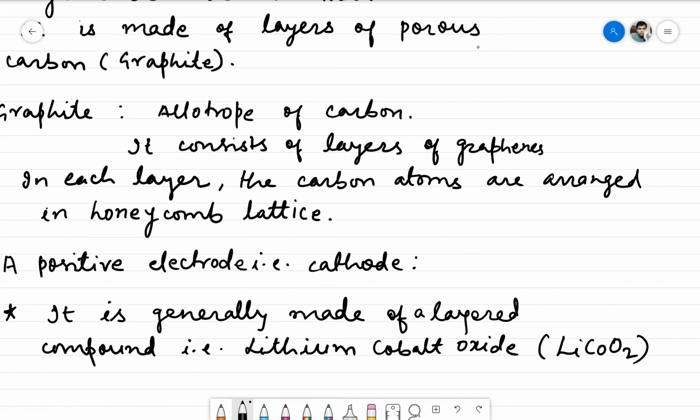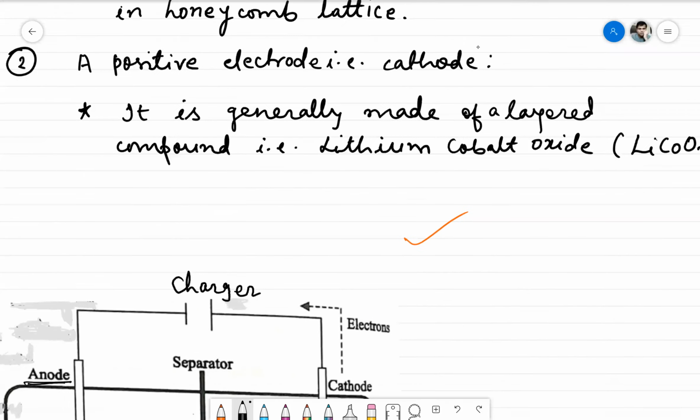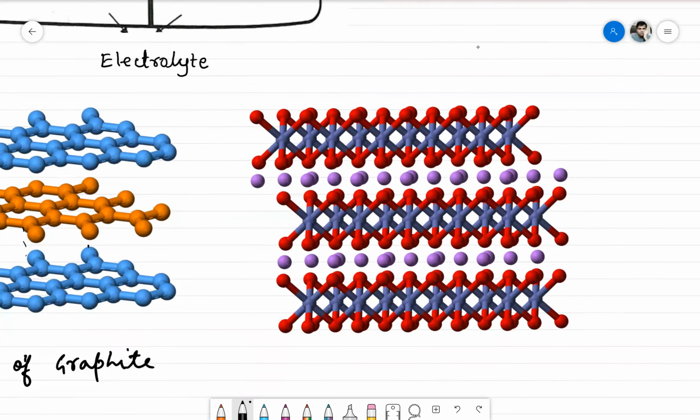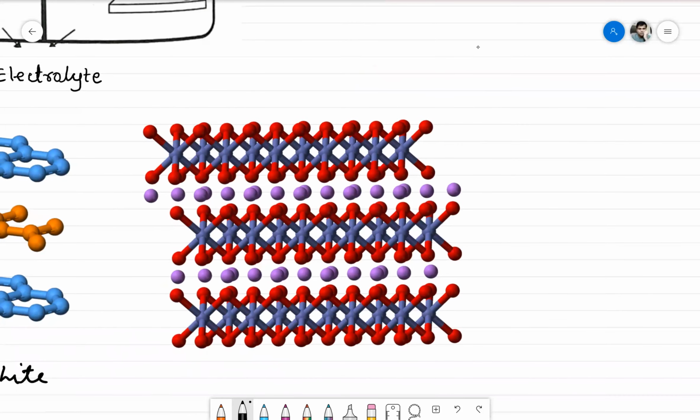In this compound also you can see the structure here. I am going to show you the structure of lithium cobalt oxide. So this is the structure of lithium cobalt oxide.